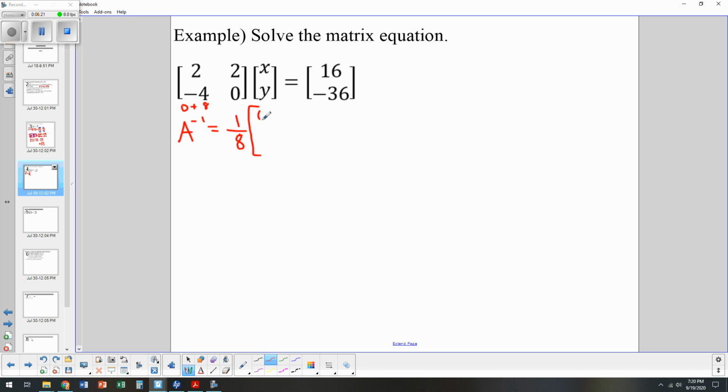Switch the downward, change signs of the upward, and then distribute. Again, if you feel more comfortable with decimals, that's okay. So now we're going to take this matrix and multiply it by our B matrix.